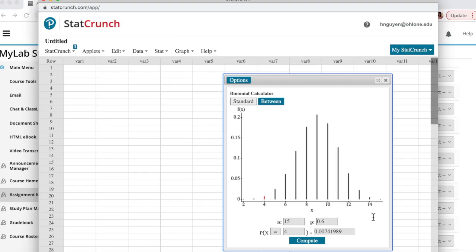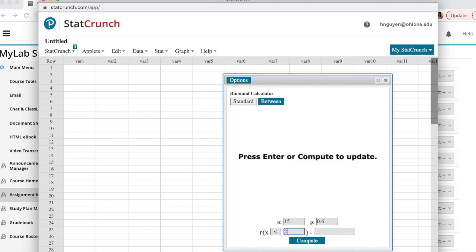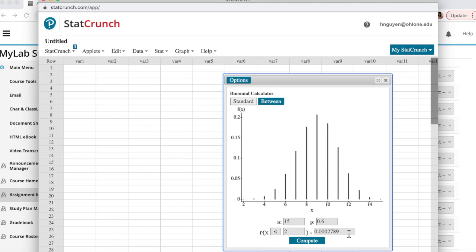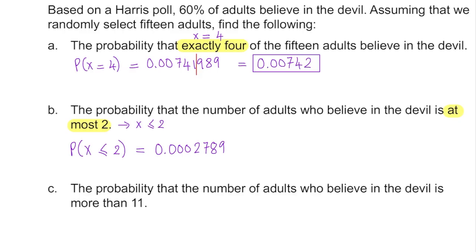For question B, my n is still 15, my p is still 0.6. I want to change to x is less than or equal to 2. My probability is 0.002789. I round to 3 significant figures.